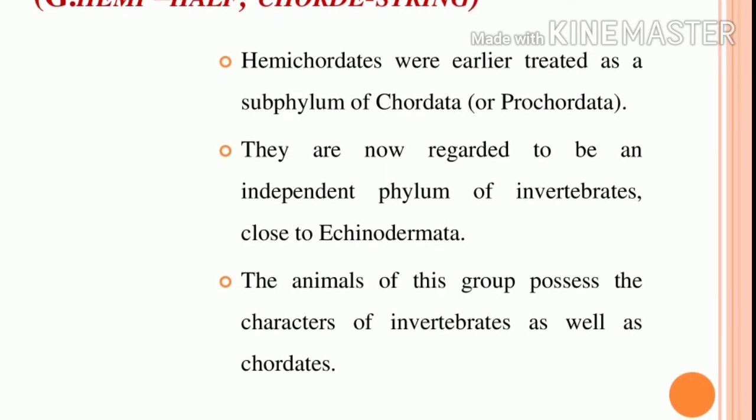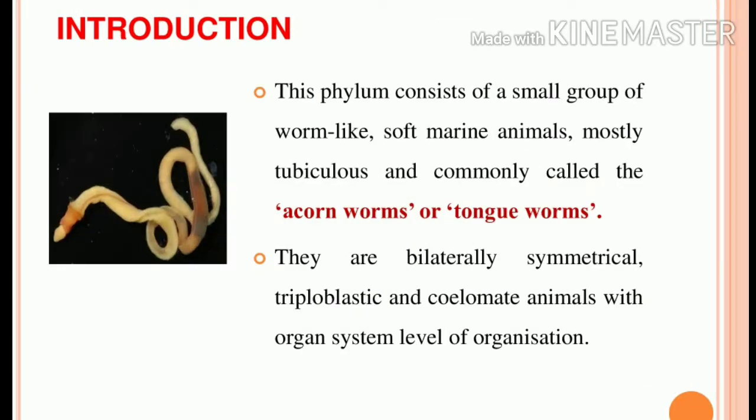Can you understand? This phylum consists of a small group of worm-like animals. It is one of the tubular worms, commonly called acorn worms or tongue worms. Okay, the body of these worms is bilaterally symmetrical. They are triploblastic and coelomate animals, with a well developed organ system level of organization.